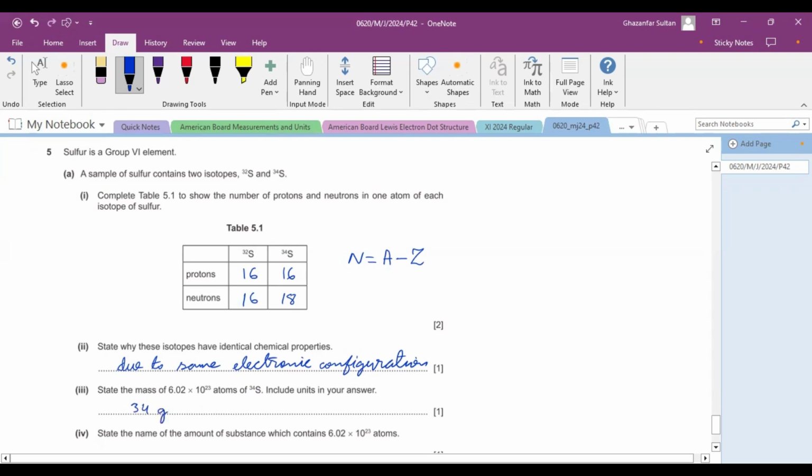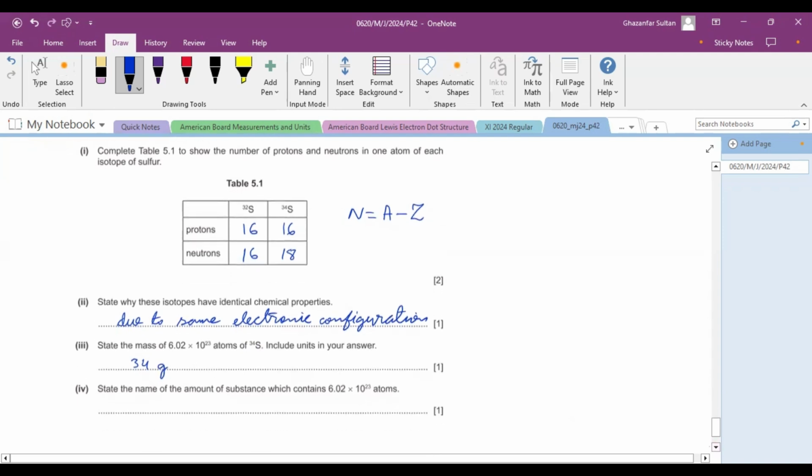AMU is for a single atom. State the name of the amount of substance which contains 6.02 into 10 raised to 23 atoms. So we know this quantity is equal to 1 mole.